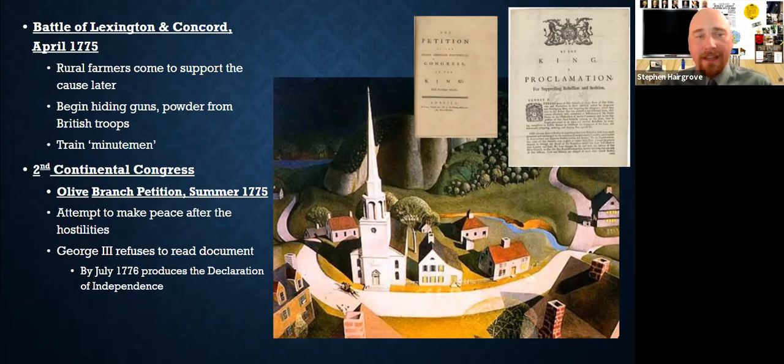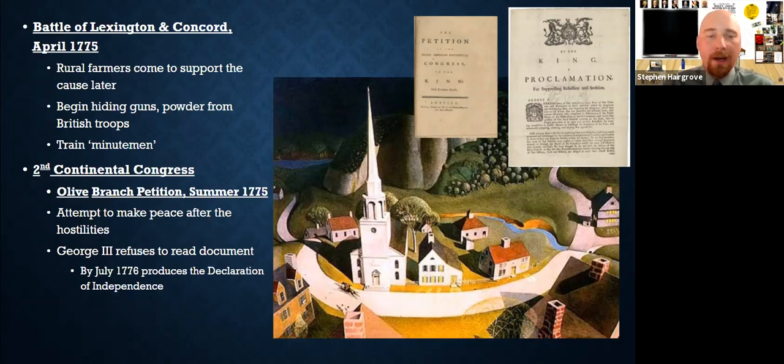And so that's the Olive Branch Petition, saying, okay, let's try to put this back together. So just keep in mind, the fighting has started around Boston without the intention of the Second Continental Congress. But eventually, as things progress, especially after Bunker Hill and the Siege of Boston, they start to see themselves as saying, okay, this is the path that we need to take.